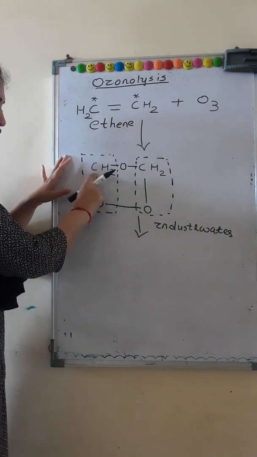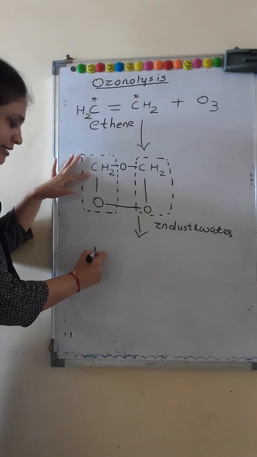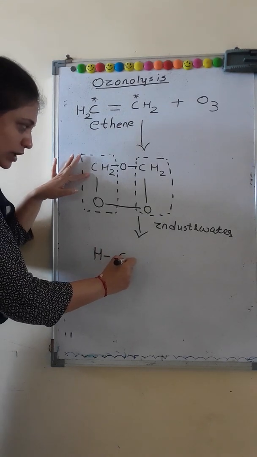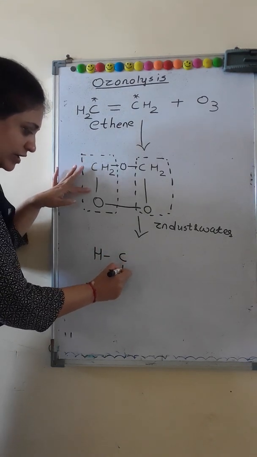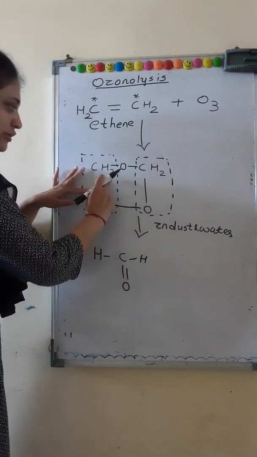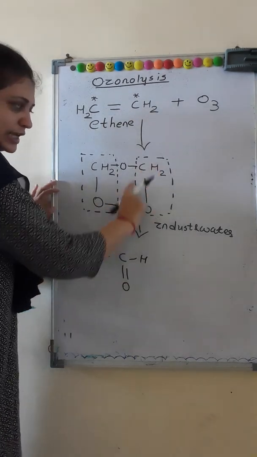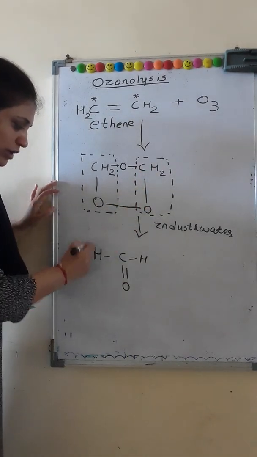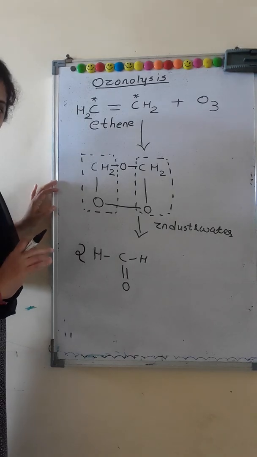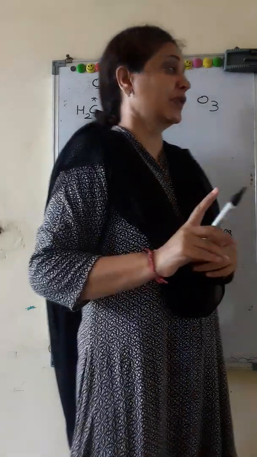Since this is H2C and O, it rearranges itself as hydrogen bonded to carbon, then carbon having a double bond with oxygen, and then one more H bonded to carbon. So this is an aldehyde. This is also the same group, so we get 2 molecules of formaldehyde from ethene. So it breaks in this manner.